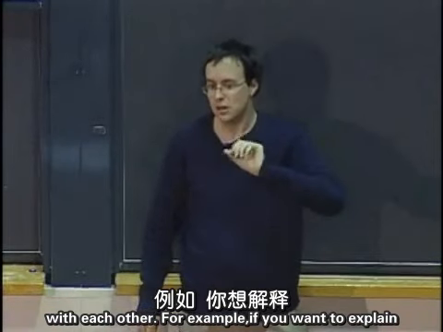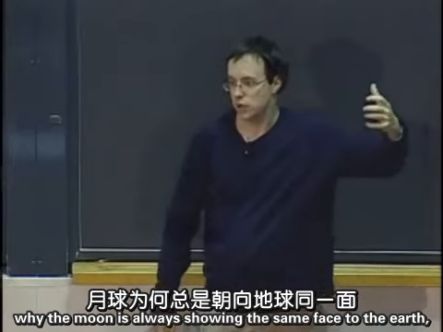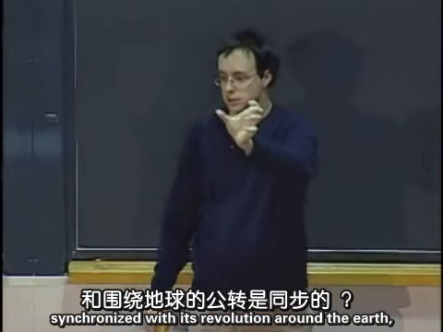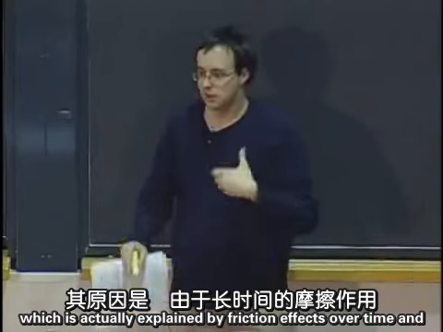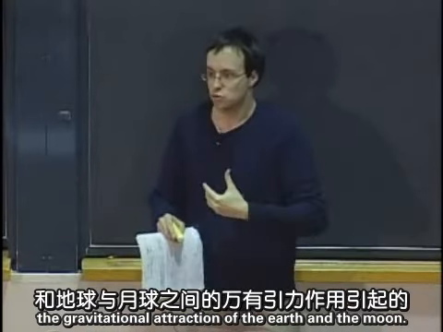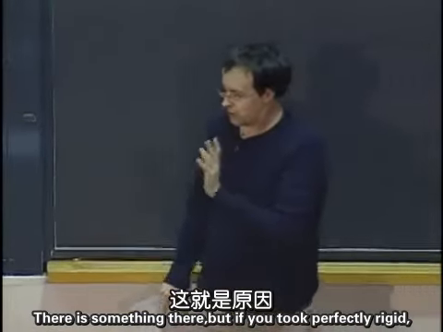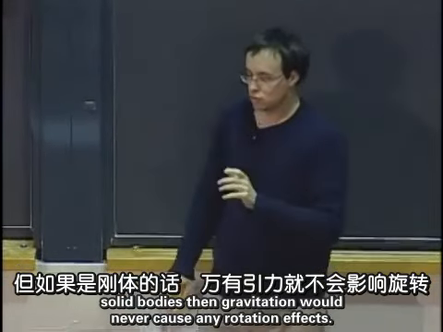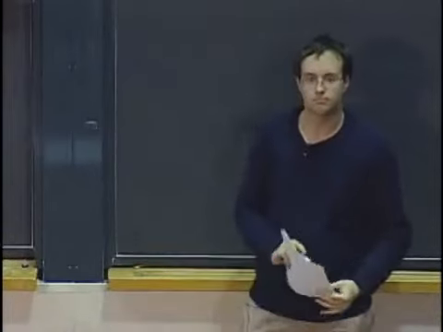For example, why the Moon is always showing the same face to the Earth, so why the rotation of the Moon on itself is synchronized with its revolution around the Earth, is explained by friction effects over time and the gravitational attraction of the Earth on the Moon. So there is something there. But if you took perfectly rigid solid bodies, then gravitation would never cause any rotation effects.